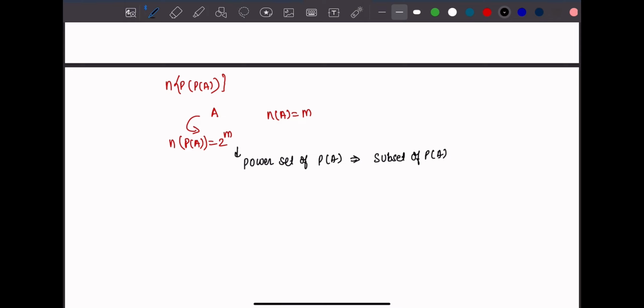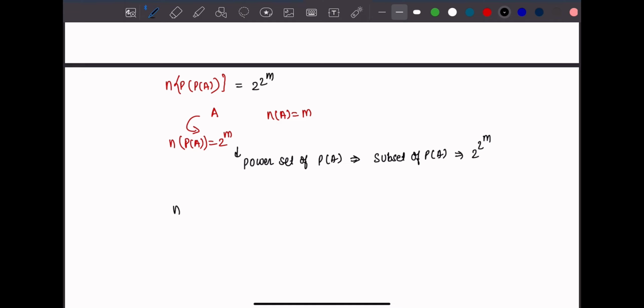Or in the power set of A we have 2 power m elements, which means 2 power m possibilities we have. Okay, so number of elements in power set of A is 2 power m. So direct formula we will write this one, 2 power m.